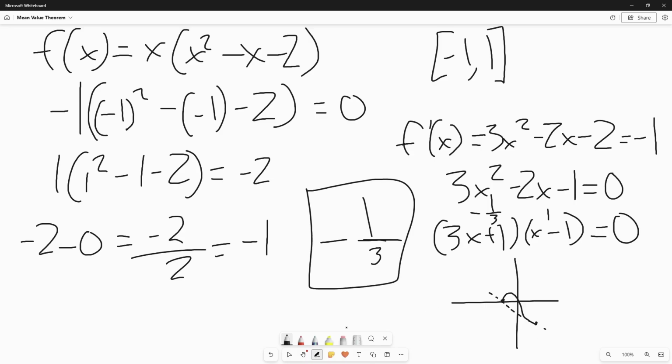And we found that point using the mean value theorem, which is -1/3, around here. And if we draw a tangent line, just approximating it, these two lines seem to be pretty parallel, which means that using the mean value theorem, we found the x value in this interval that has the same instantaneous slope as the average rate of change over the interval.